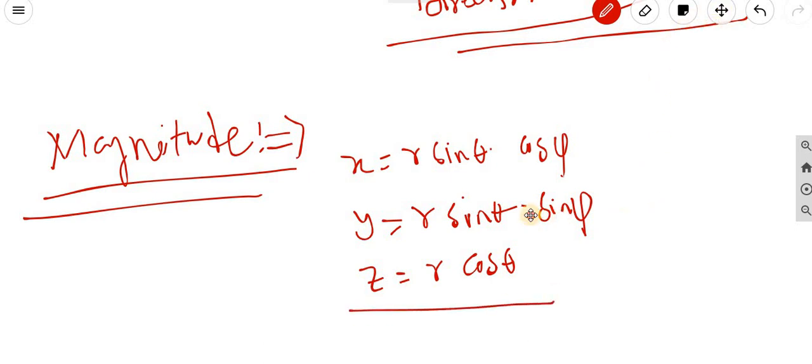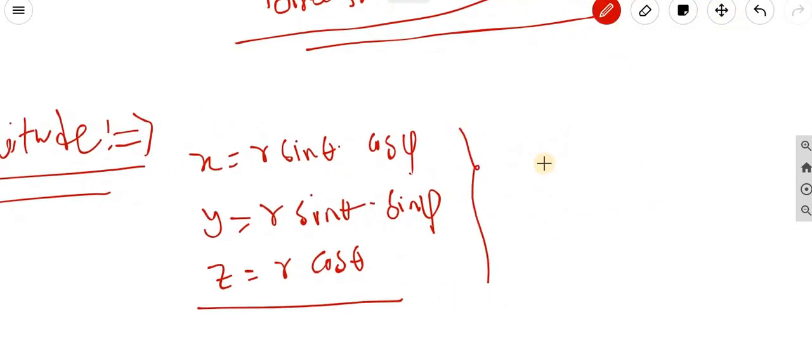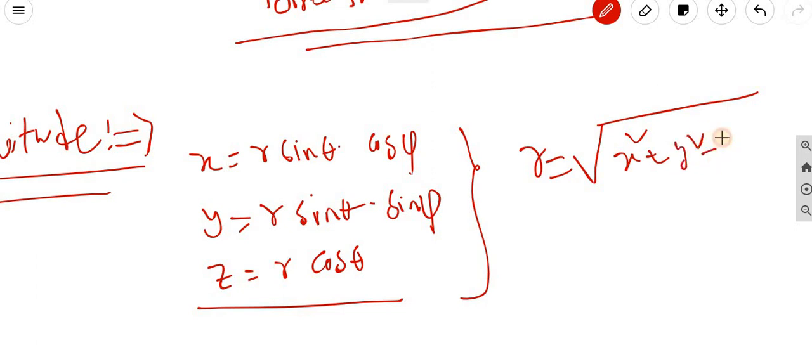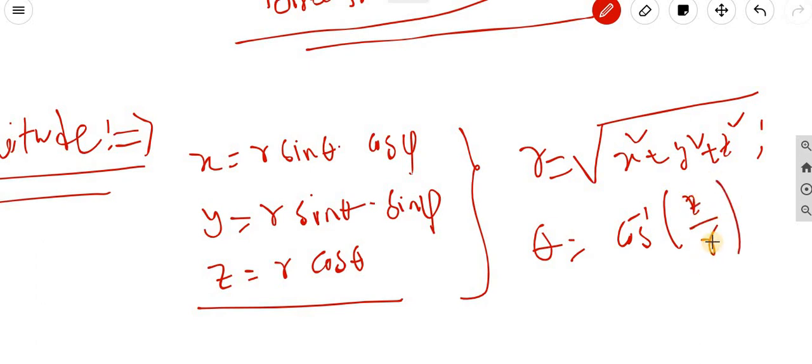So from this relation we can simply write that R is equal to the root of x square plus y square plus z square. Okay, theta would be the cos inverse of Z by R, the root of x square plus y square plus z square.